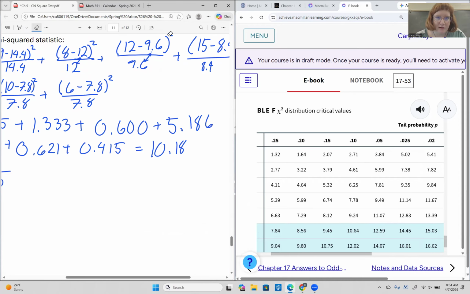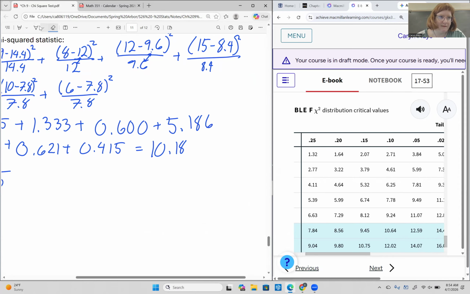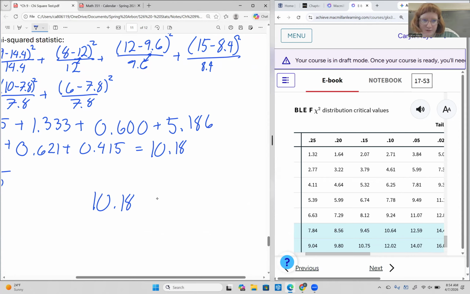That's not what I want. 10.18 in that 5th row is between 11.07 and 9.24.